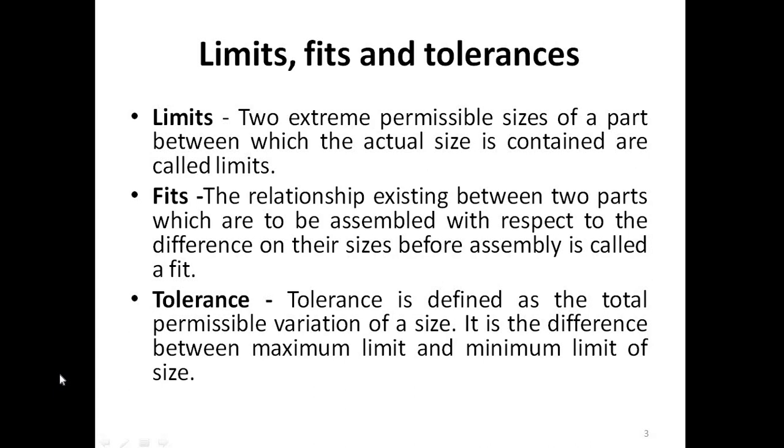These are the two permissible sizes of a part between which the actual size is contained, called limits. The limit is from plus 0.2 to plus 0.4, because on the drawing it is mentioned that the diameter 20 has tolerance plus 0.2 to plus 0.4. This is called the limit dimension, that is, the actual permissible sizes of the part.